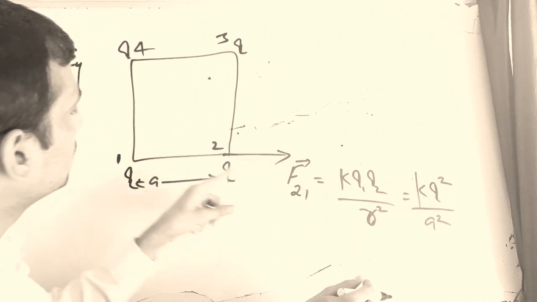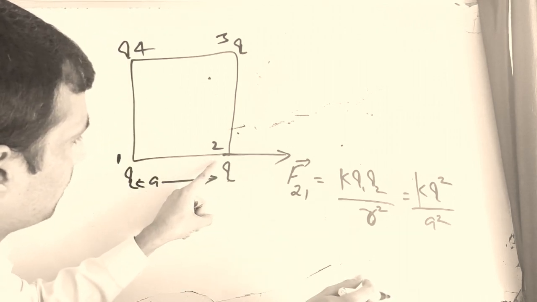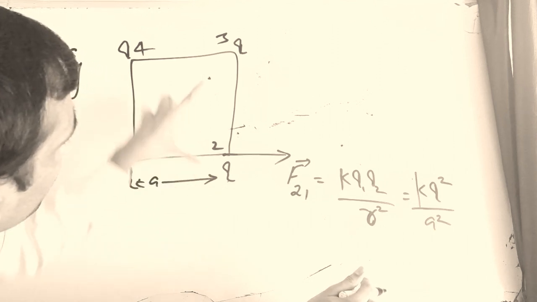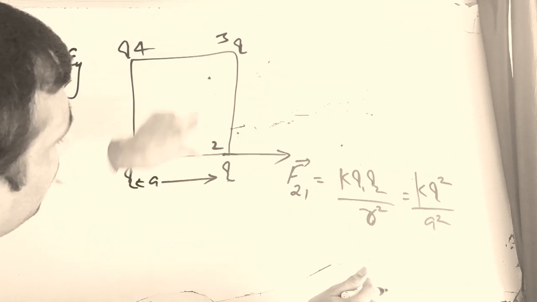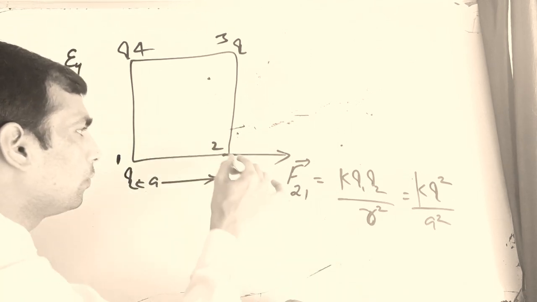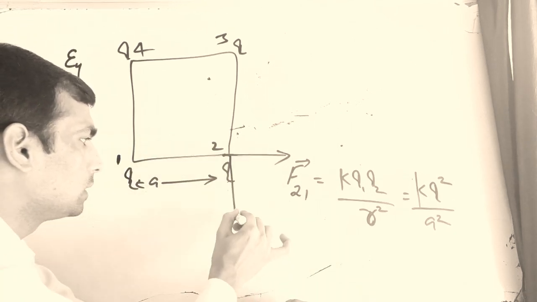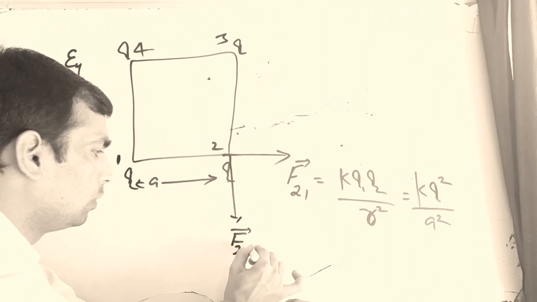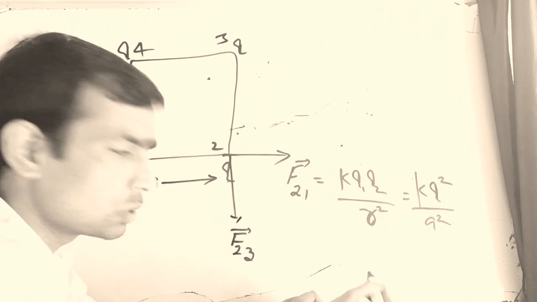Now I am going to solve this question. First I considered this pair of charges. Now I am considering this pair of charges. So this is the force on 2 due to 3. Force on 2 due to 3.